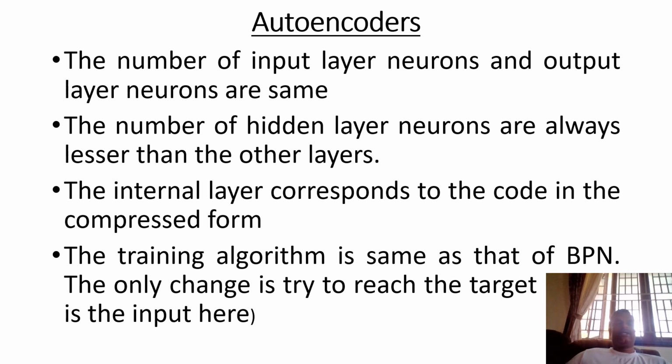If your output is exactly the same as your input, we can say that your error is equal to 0. People may ask: because we already said that this falls under the category of unsupervised methodology, how can we have this target? We don't have a physical target, but we are considering it as a virtual target where we try to match the difference between the output and the input.